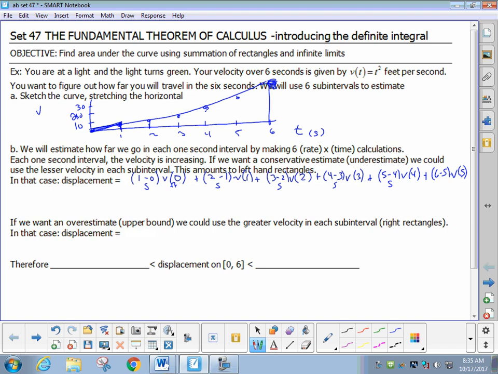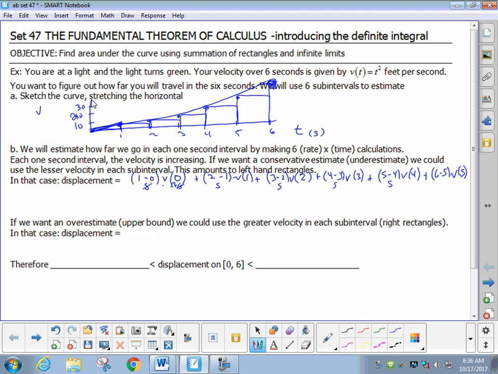Now look at the units here. In each case, I'm taking 1 second times velocity in feet per second, so I'm getting feet, or displacement. Each of these represents an area. Every one of these calculations corresponds to one of these rectangles.